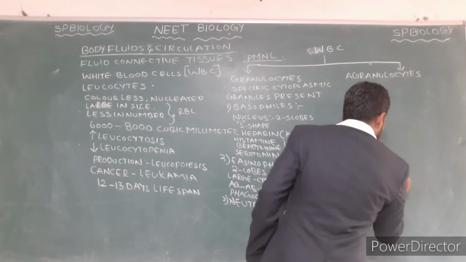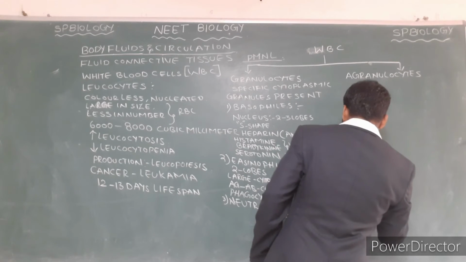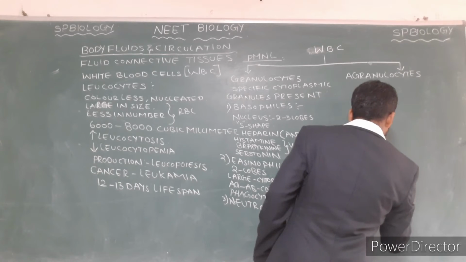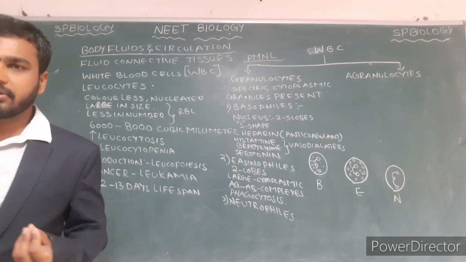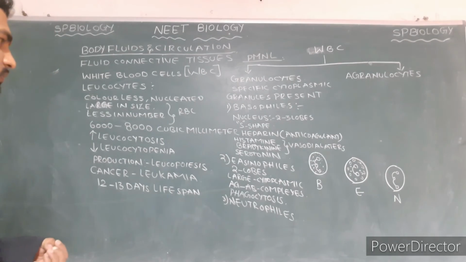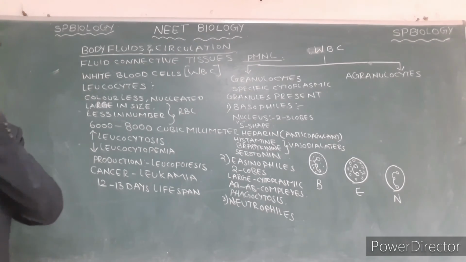In neutrophils, we can see a 2 to 3 lobed nucleus. They are about 60% of the total leukocytes.